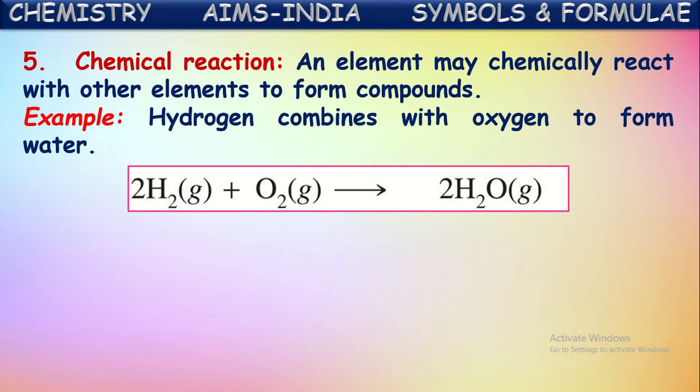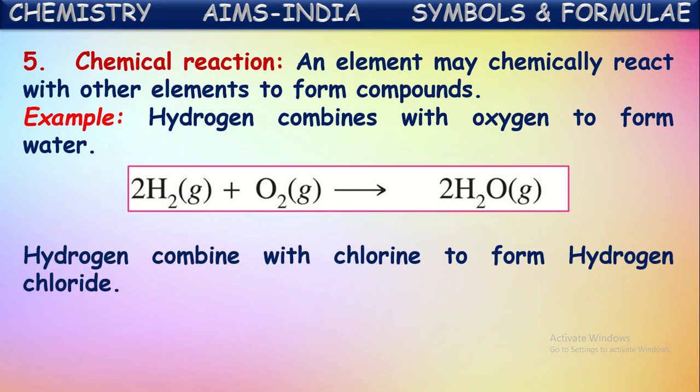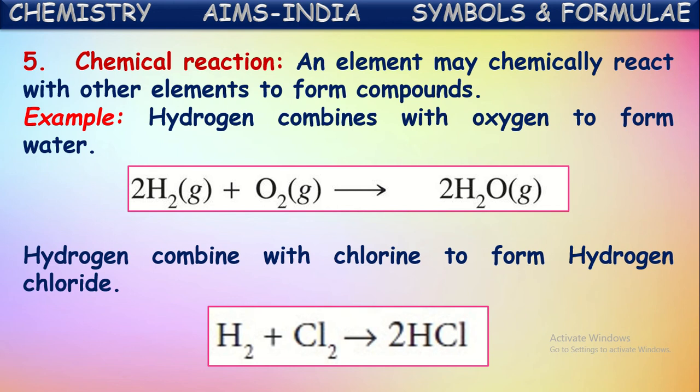If we see one more example, hydrogen combines with chlorine to form hydrogen chloride. So hydrogen here is an element, chlorine is another element. When these two elements combine together, they form hydrogen chloride. This can be represented chemically with an equation like this: hydrogen combines with chlorine to form hydrogen chloride.